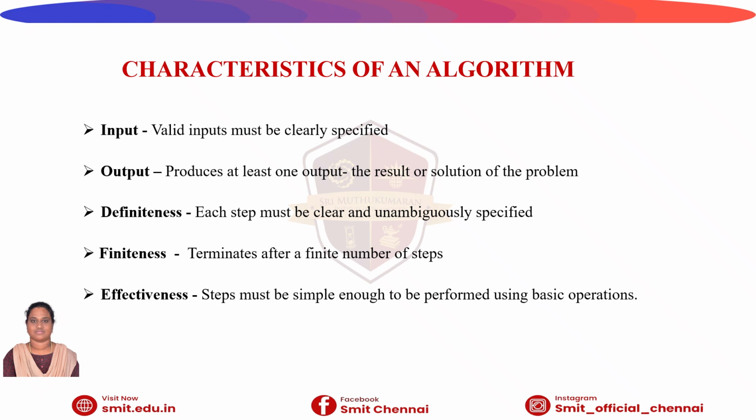The third one is definiteness. In an algorithm, each step should be clear and unambiguous. Then the fourth one is finiteness. There should be a termination after a finite number of steps. The fifth one is effectiveness. Here each step should be simple and executable.